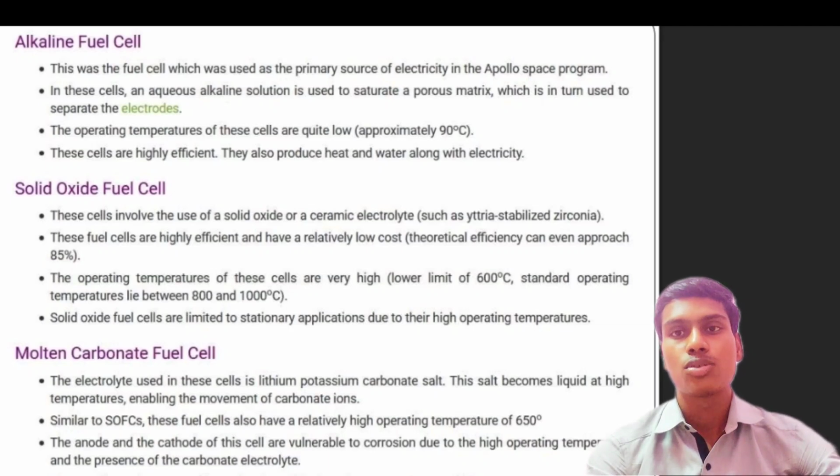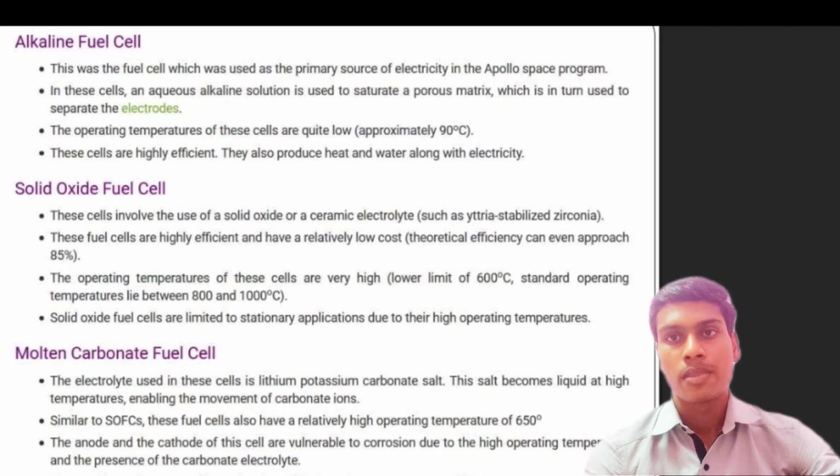And then the next one is the solid oxide fuel cell. The solid oxide fuel cell is operated with the help of a suitable electrolyte. In the solid oxide fuel cell, they use solid oxide as the electrolyte, which makes more impact in the output efficiency.